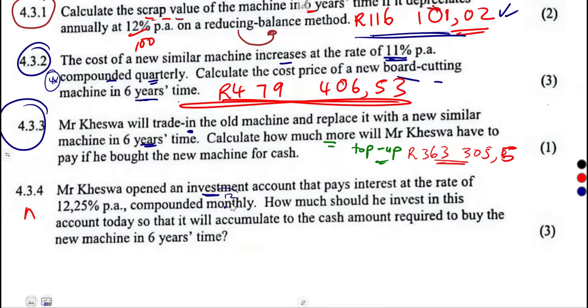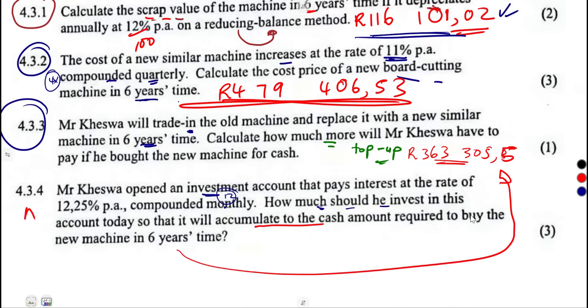How much in this case should he invest? How much is he supposed to invest in this bank today so that it will accumulate to the cash amount required to buy the new machine in 6 years' time?